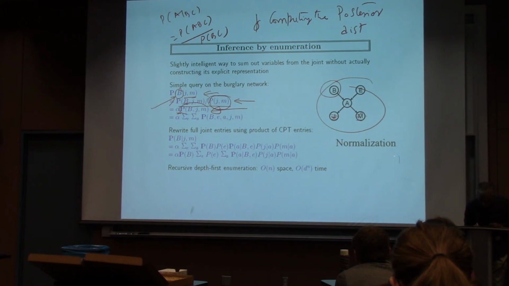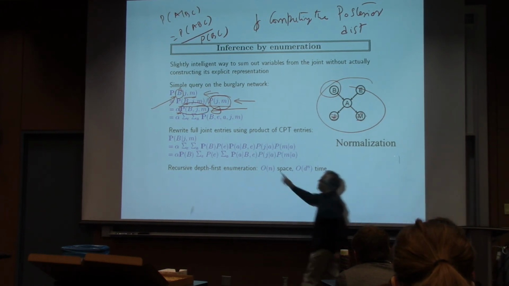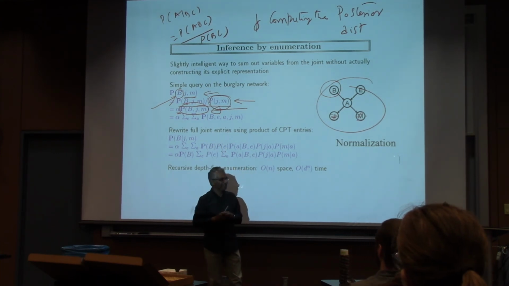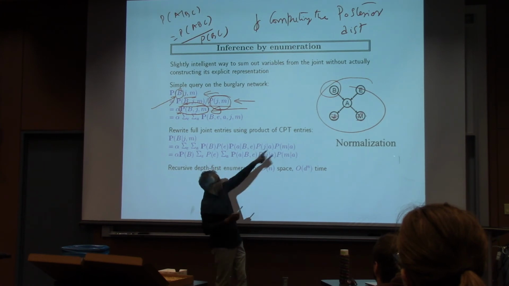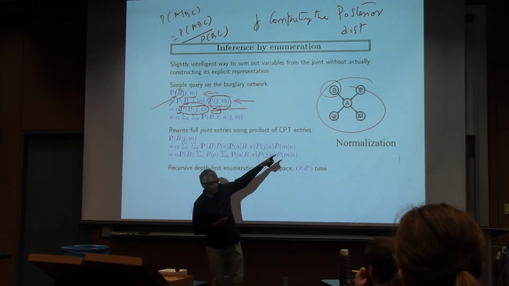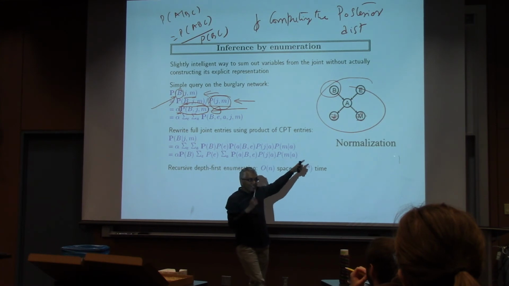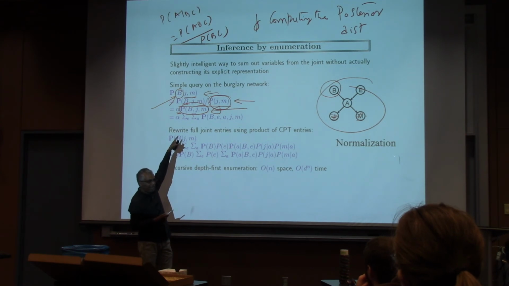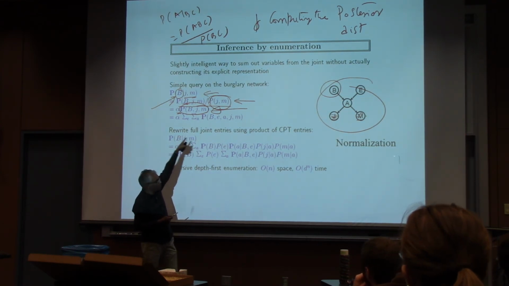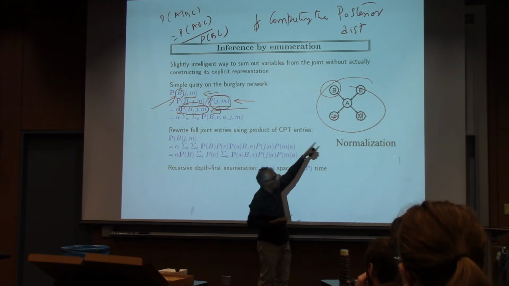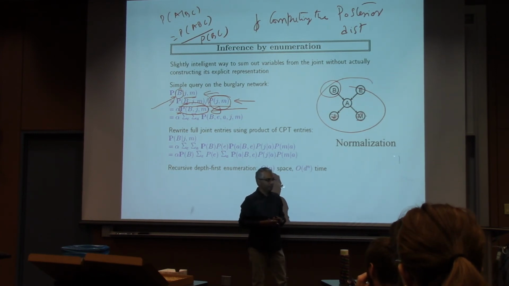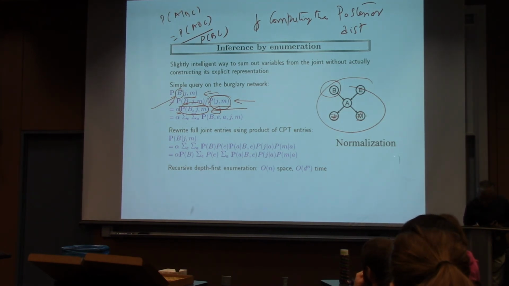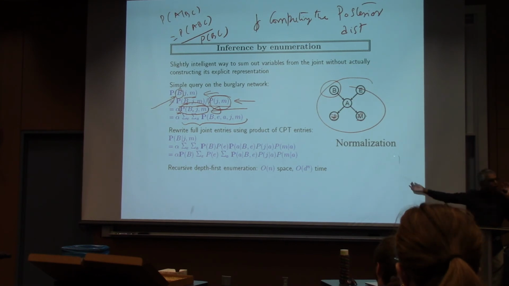Now I need to just write the probability of B being true with J true and M true, and the probability of B being false with J true and M true. That's what I need to write. Unfortunately, it can't be read from the network here. It's missing some of the variables in the network that are not named here. Burglary is there, John is there, Mary is there, but so are alarm and earthquake. So this really is the marginalized version of the joint distribution.